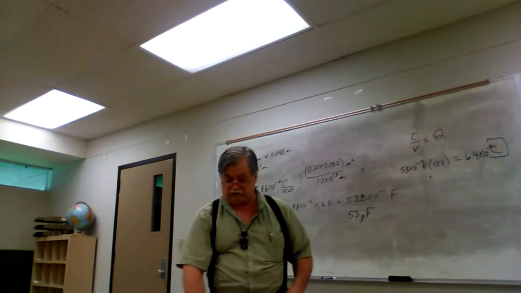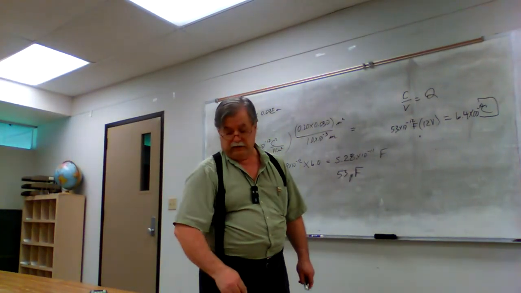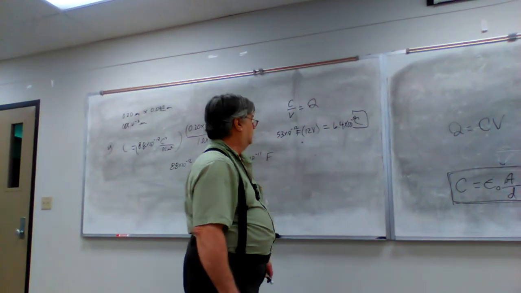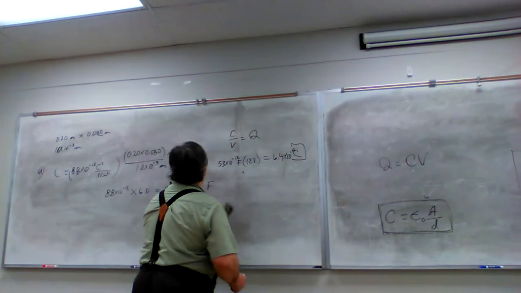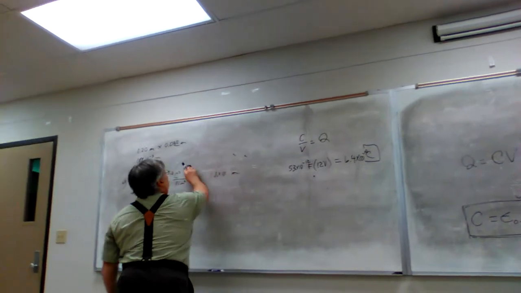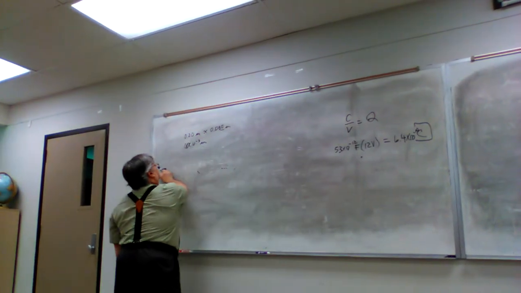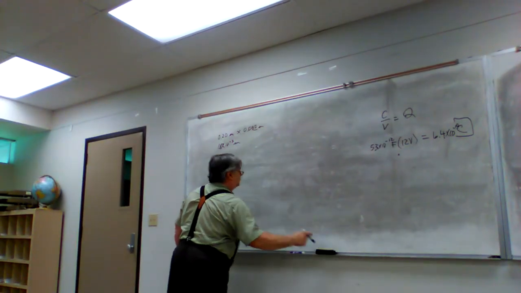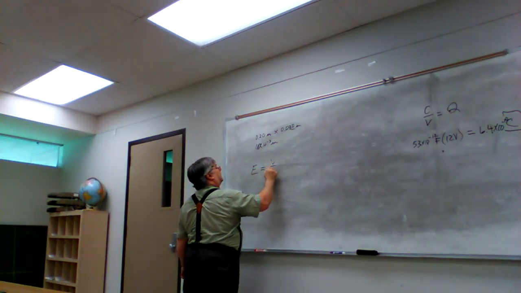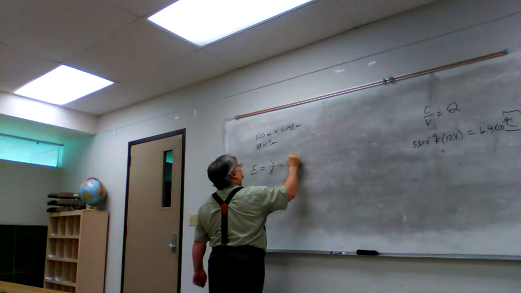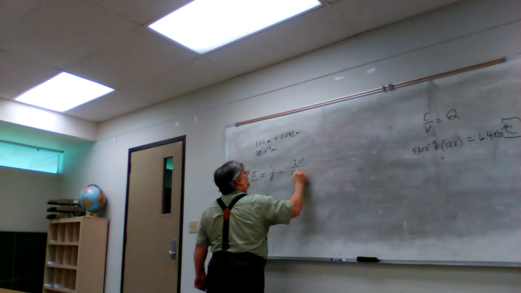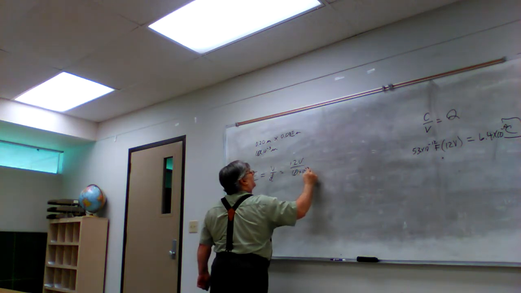In this case, the conductive surface of the parallel plate. Okay. E equals V divided by D, which is equal to 12 volts divided by 1.0 times 10 to the minus 3 meters.